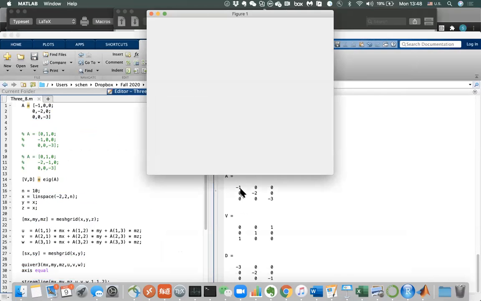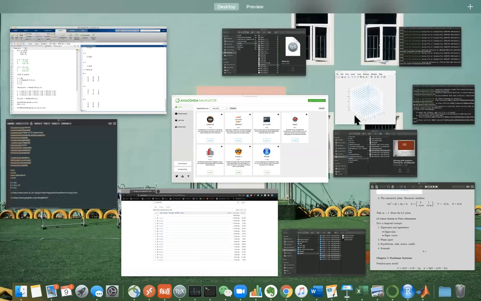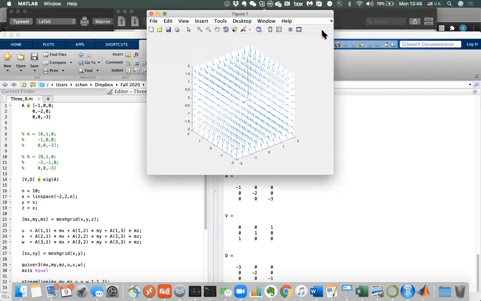We have a matrix, -1, -2, -3. I use MATLAB to find the eigenvalues to be -3, -2, -1 with the corresponding eigenvectors. So we have 3 distinct real eigenvalues. The whole thing looks like this.